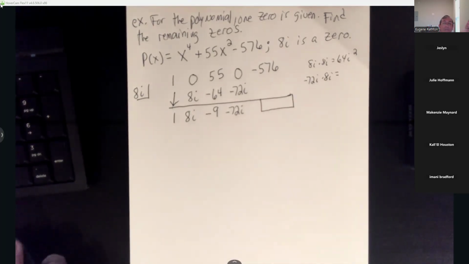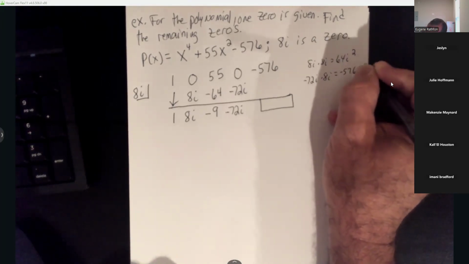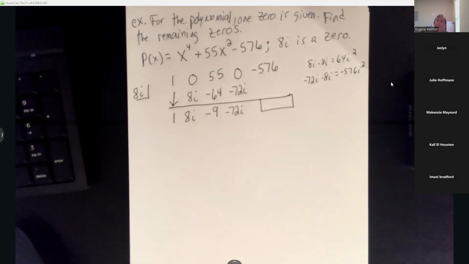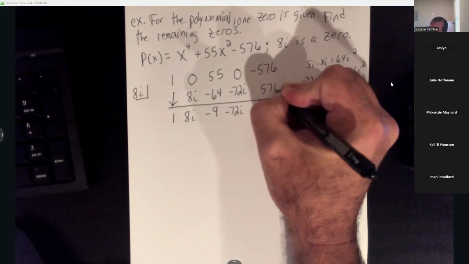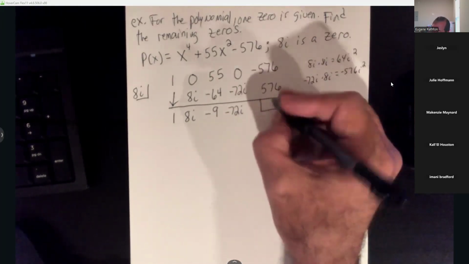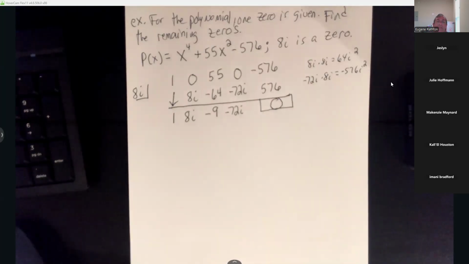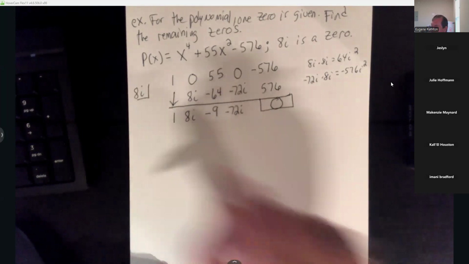Now remember, we got a calculator if you want to use it. All right, so that's a negative 576i squared. And what's that i squared doing to that negative 576? It's going to make that a positive 576. Good job, y'all. And look at that. Negative 576, 576, give me a remainder of 0. Well, we knew that because they told me 8i was a 0.